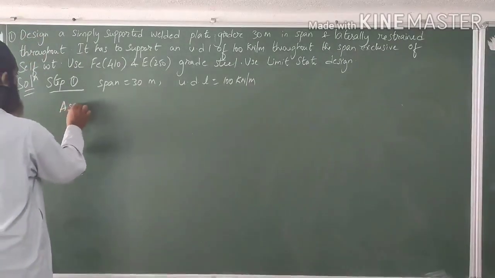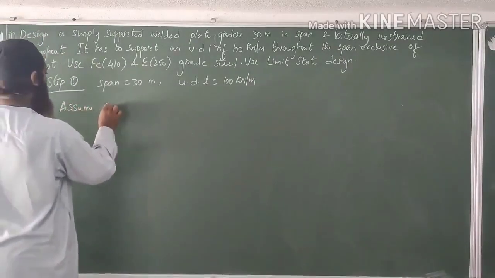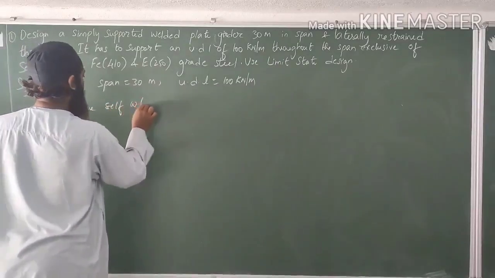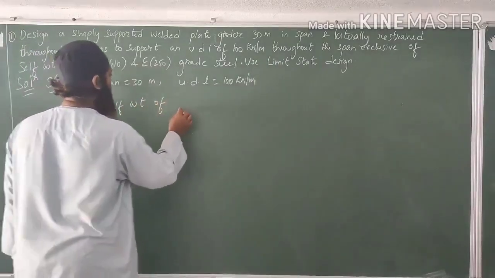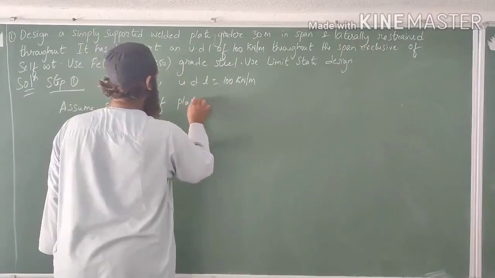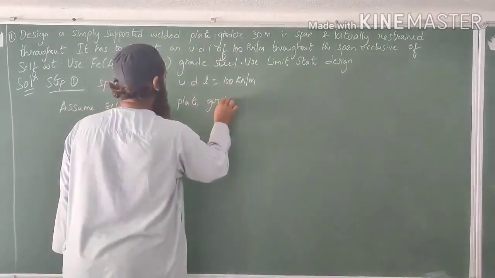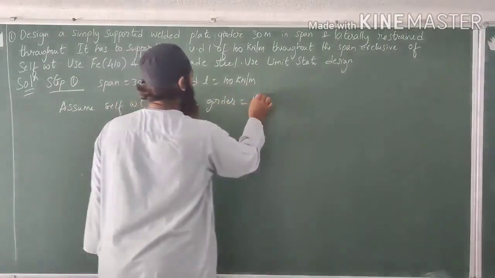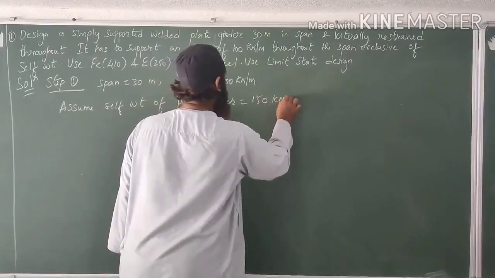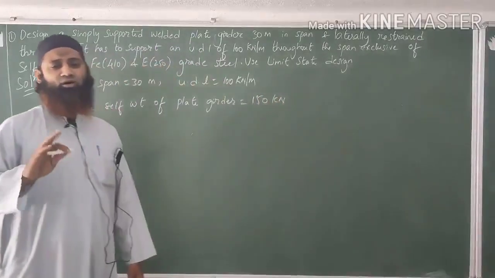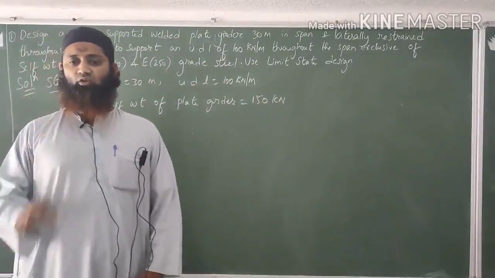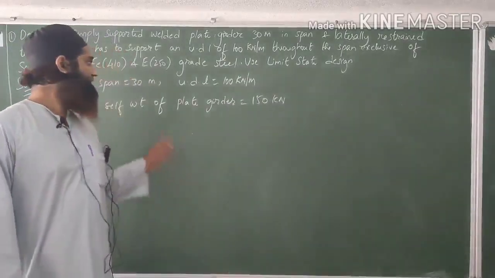Just see here, we'll have to assume this. Assume self weight of plate girder as 150 kilonewton. Remember, here we have to assume around 100 to 150 kilonewton. So we have assumed it as 150.